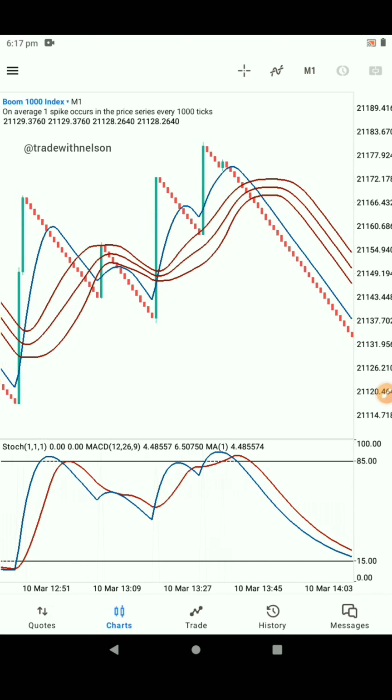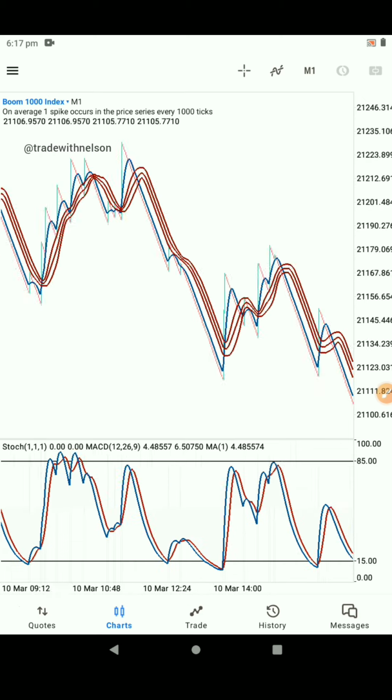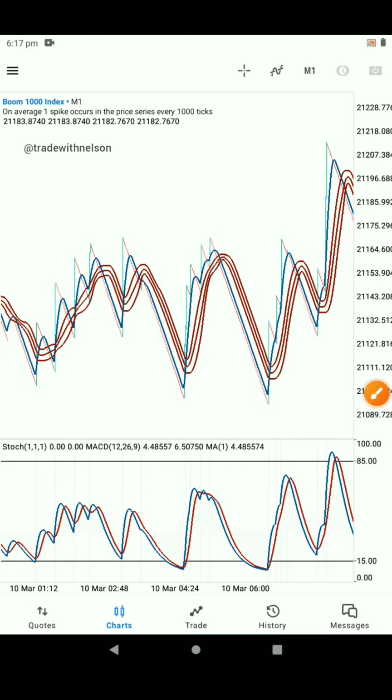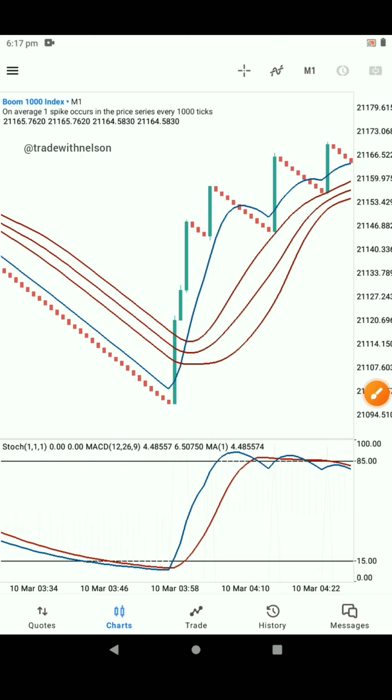For catching the spike, what you need to do is zoom in to the maximum. This is the innermost zone. You want to wait for the market to go into the 15 level. We see how the retracement dips inside the 15 level around this point. After that, you want to see a single spike to the upside that will break the Bollinger Band and the moving average.